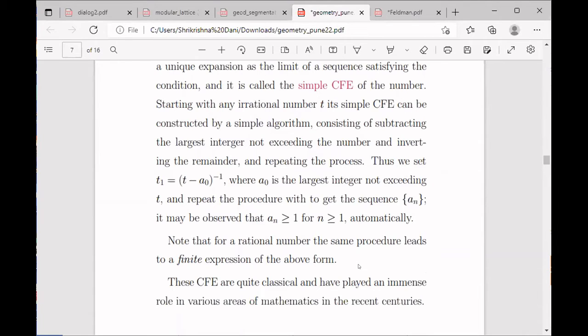So there is the simple continued fraction algorithm, with the property that if the number is rational, you get a finite expression, and otherwise you can go on and it actually converges to the number that you are working with. So this gives one way of associating with each number a continued fraction expansion.